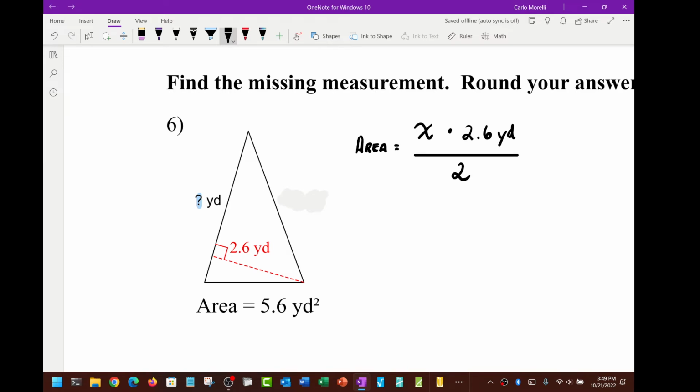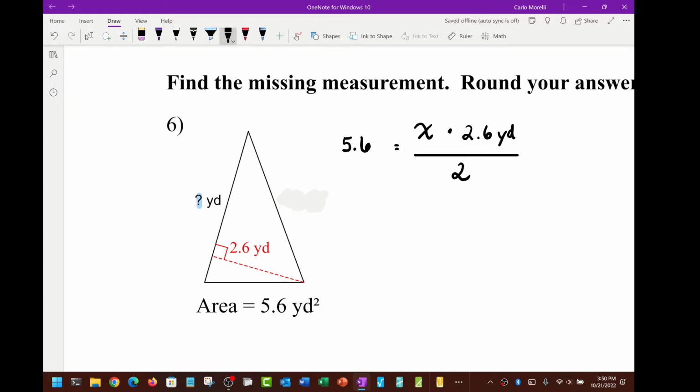And the thing is, we actually know the area. 5.6 square yards. So we can even erase the left side and put 5.6. We'll just worry about the units later. Okay. We're actually going to find yards, not yards squared.